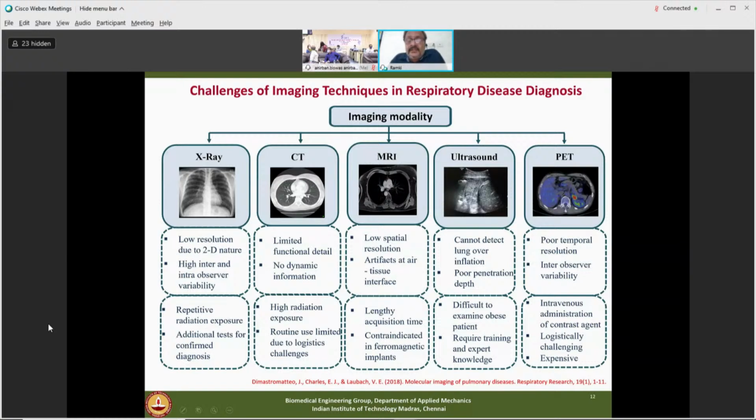It's a poor presentation. It's difficult to examine these patients. It requires expert knowledge, so inter-observer variability is very high. Now, take PET, you get lots of metabolic information with very poor temporal resolution. Again, variability is very high, very expensive. Logistics is involved, and so these are all some of the challenges.